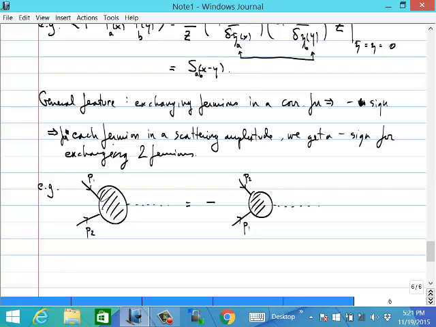Good. And there are going to be various other minus signs that appear when we start writing down Feynman rules involving spinors.